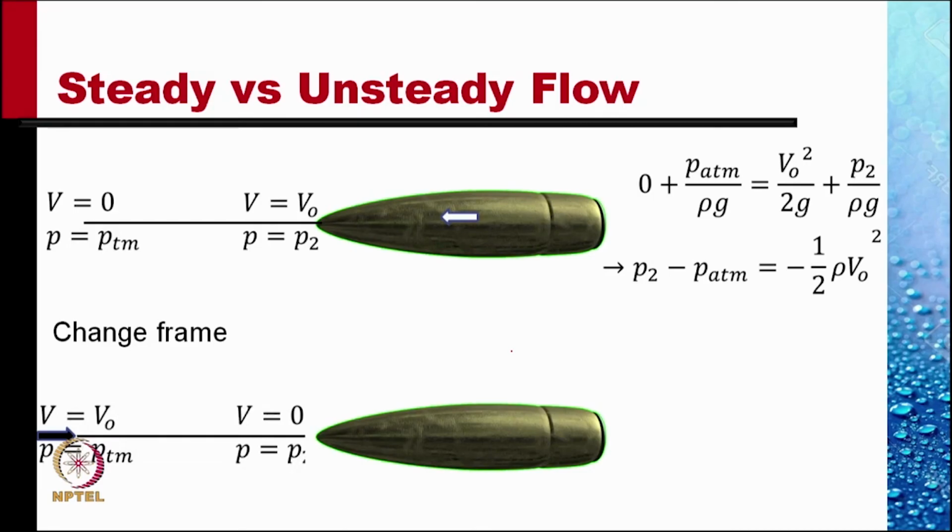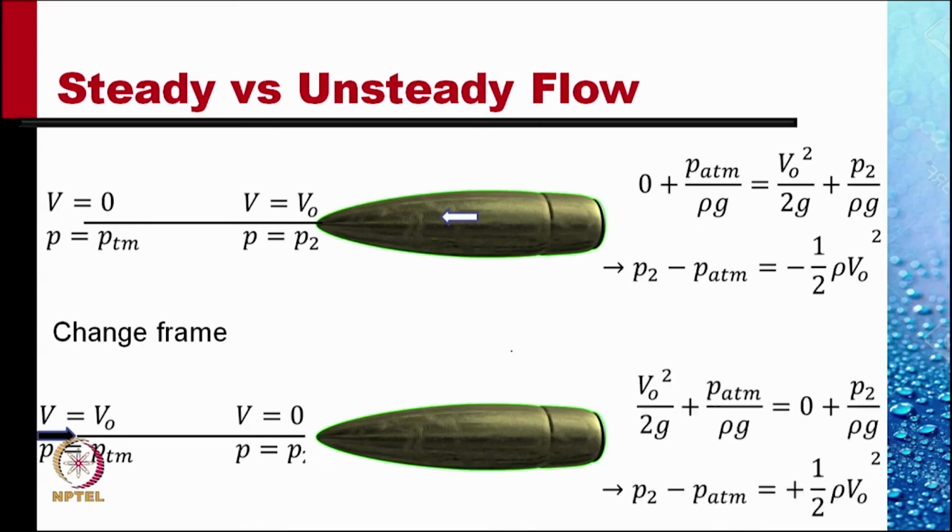Then far away the velocity is V naught towards the projectile, pressure is P atmospheric, and at the nose of the projectile the velocity is 0 and the pressure is given by Bernoulli equation now as P2 minus P atmospheric is equal to 1/2 rho V naught square, positive. This is the correct solution.